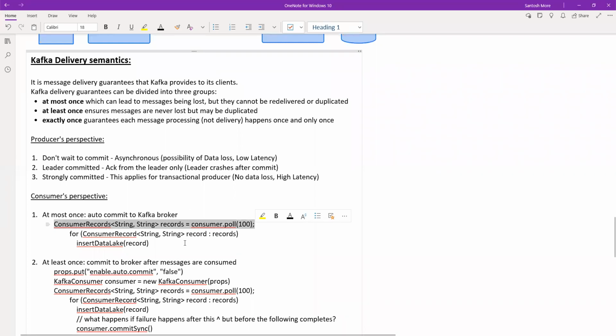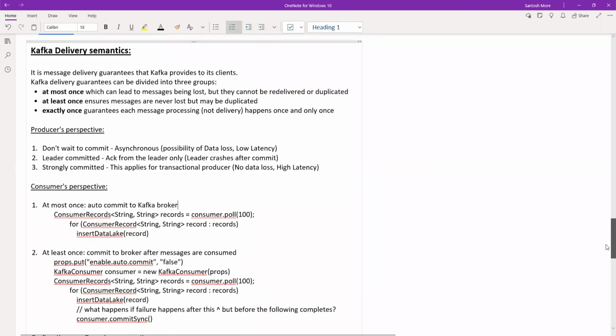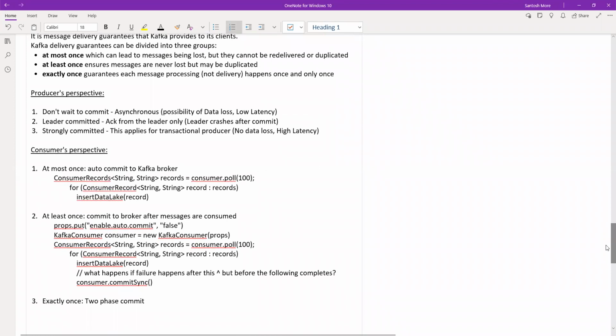So even if the consumer dies and comes back, it will move to the new offset, and in that case there will be a data loss, because you have not completely saved the data into the destination, in this case a data lake. So all the messages won't be available in the destination. If you go with at most once, you will have a data loss. That is what it talks about if we have auto commit enabled for the consumer.